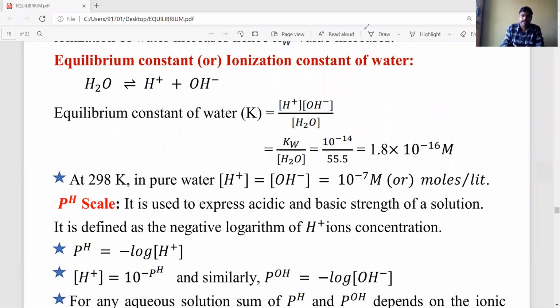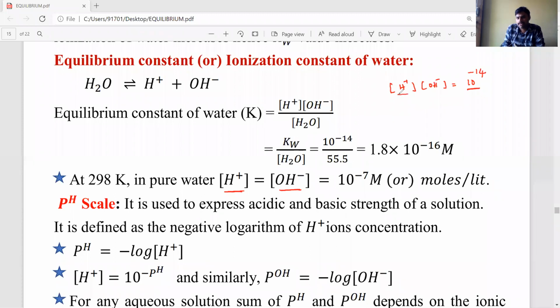Now, next, take any pure water. For pure water, the concentration of H plus ions is equal to the concentration of OH minus ions. So the product of H plus concentration and OH minus concentration at room temperature is equal to Kw, which is 10 to the power of minus 14.